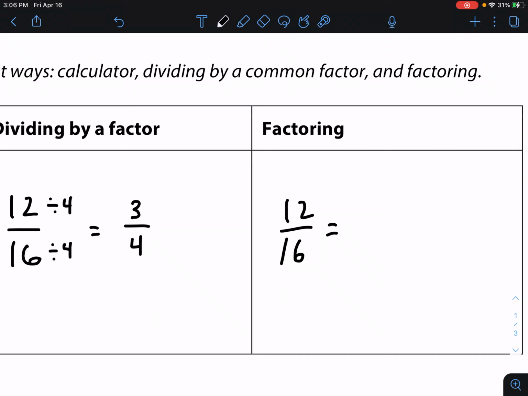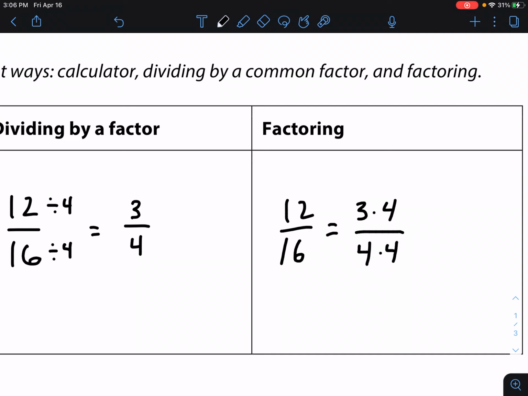So we can use the one that we just did to help us, because if we notice, when we divided by 4 we got 3, when we divided by 4 we got 4 in the numerator and the denominator. And so we're going to do the same thing. I can rewrite 12 as 3 times 4. I can also rewrite 16 as 4 times 4.